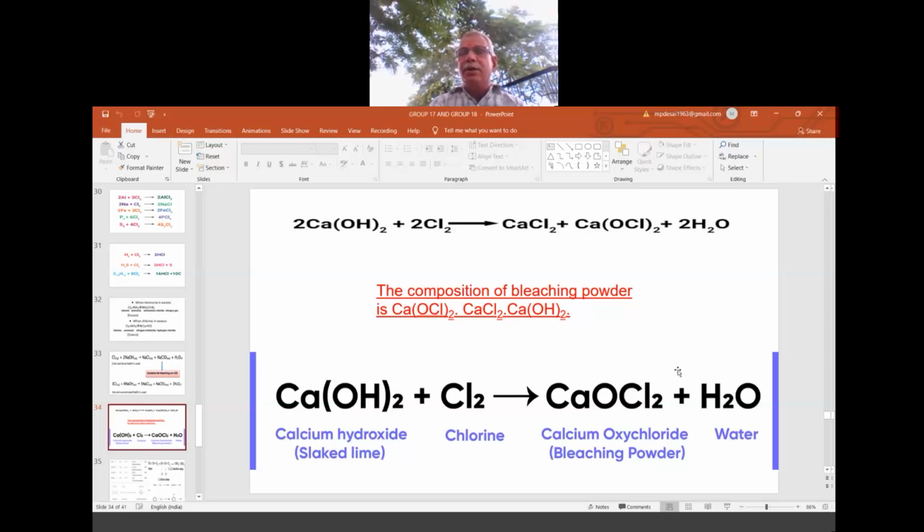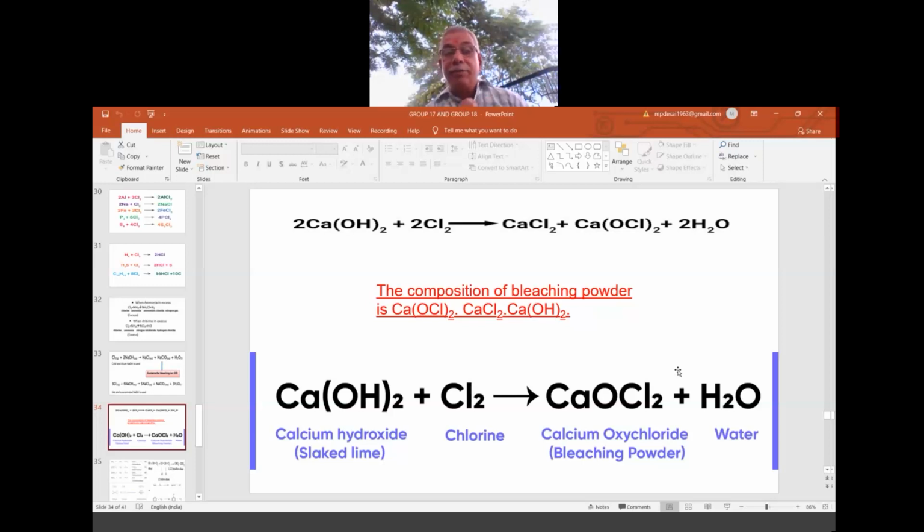There we wrote, the last one at the bottom, Ca(OH)2 plus Cl2 gives you CaOCl2 plus water, calcium oxychloride, popularly called bleaching powder. This is also correct. What is bleaching powder? It is calcium oxychloride. Agreed. But in the 11th and 12th, the correct way of writing bleaching powder is what?